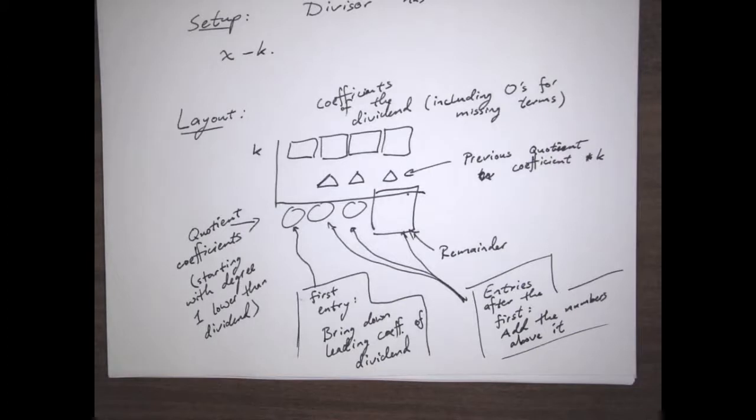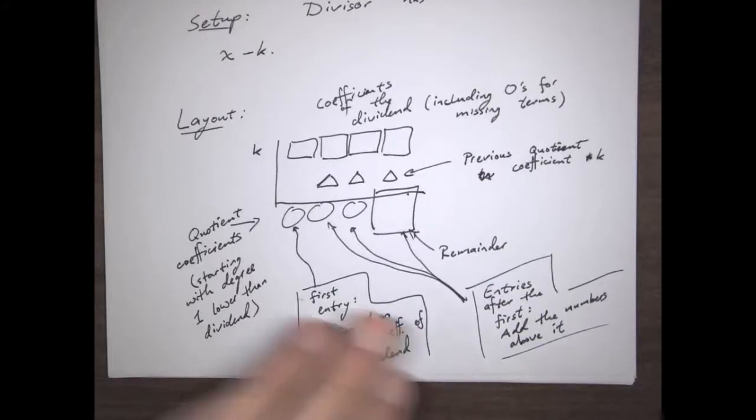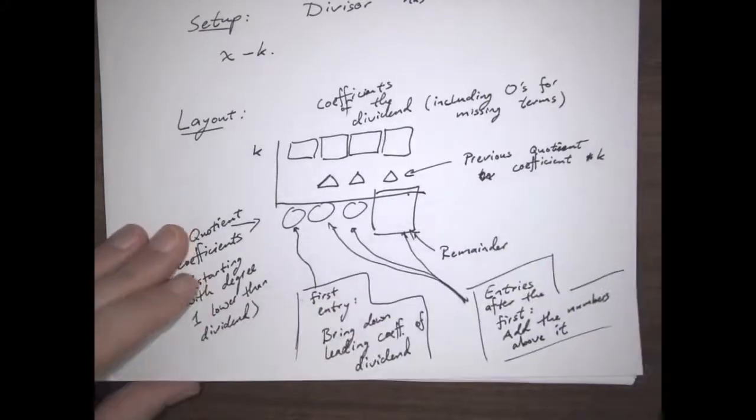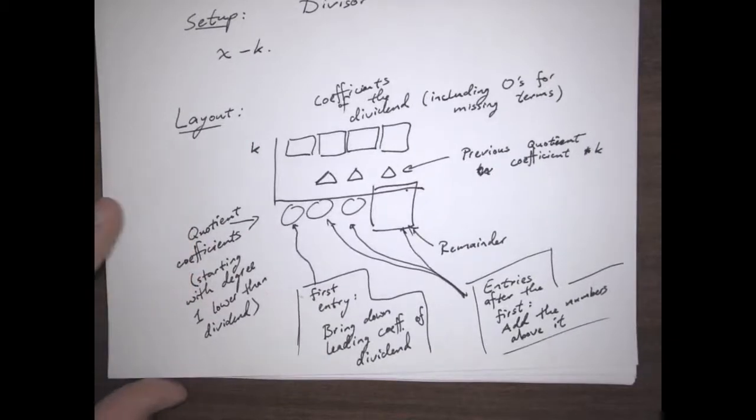So this is of course just a vague schematic layout. You won't be able to really know what's going on until the rubber meets the road and we have an actual example in play. So let's actually try this with a specific example.